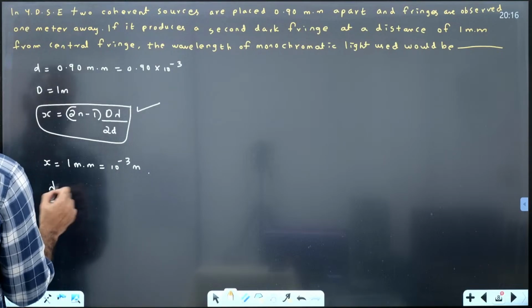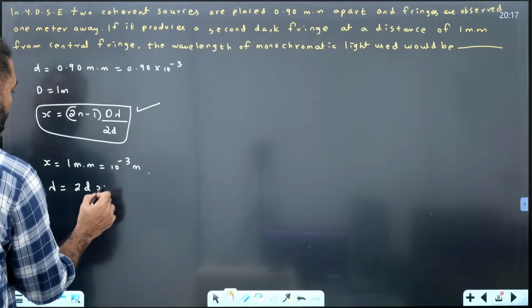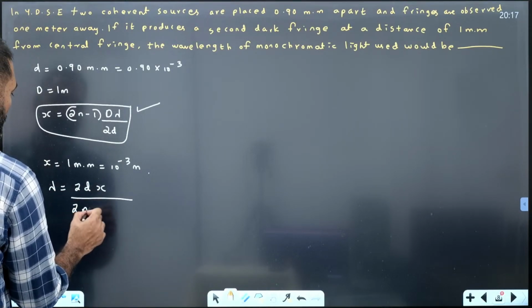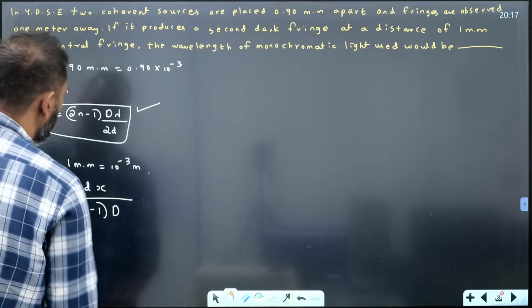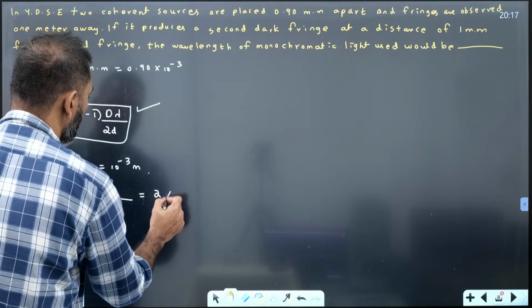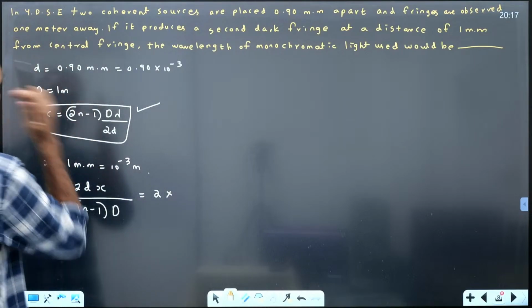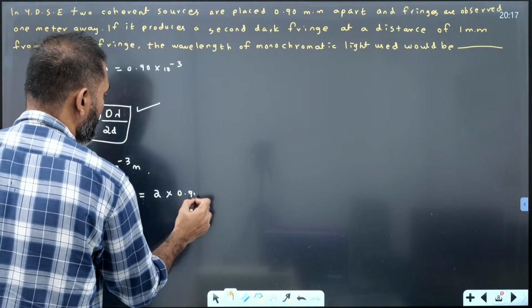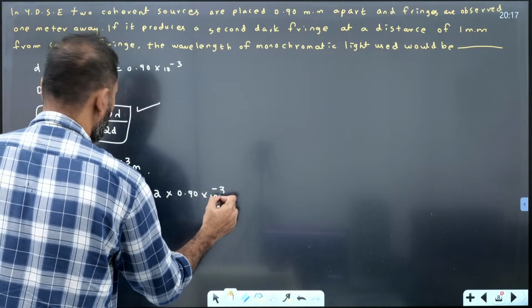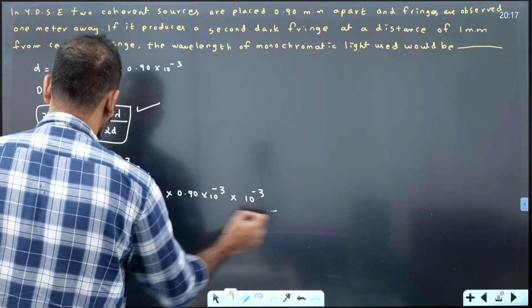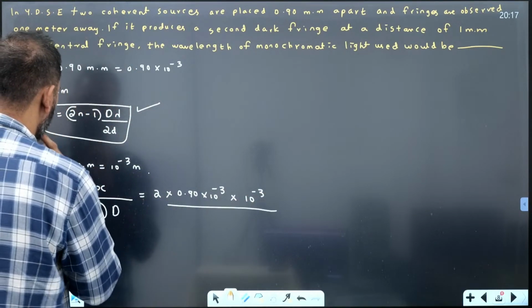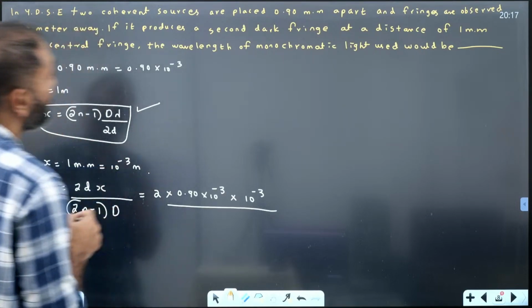So lambda is equal to what is the formula? 2dx divided by 2n minus 1 into D. So 2 into, what is d? 0.90 into 10 raised to minus 3, into x which is 10 raised to minus 3, divided by 2n minus 1.